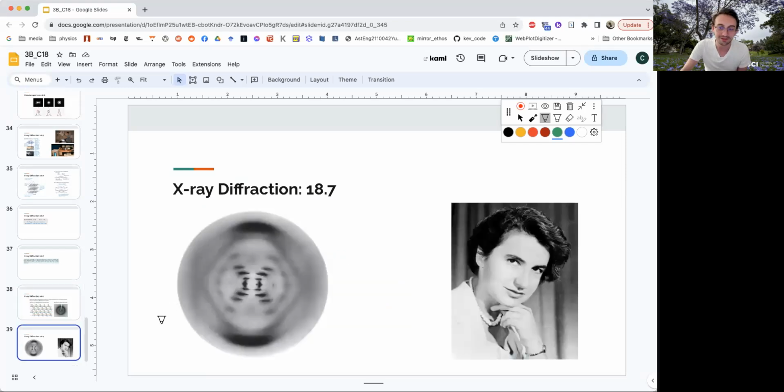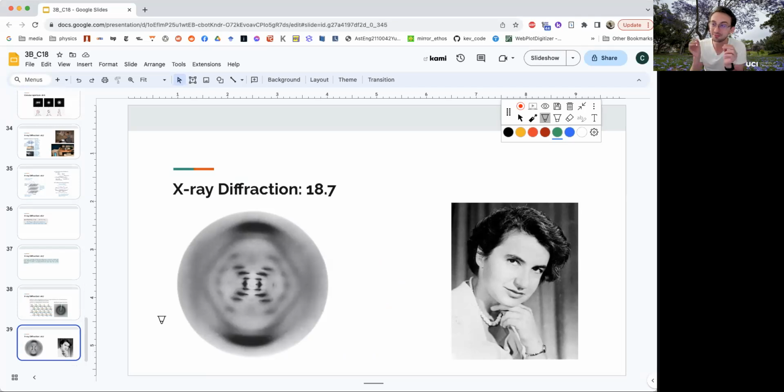But one really important example is DNA, right? So this diffraction pattern on the left, or interference pattern, again, we use both names for such things, is what Rosalind Franklin found for DNA.